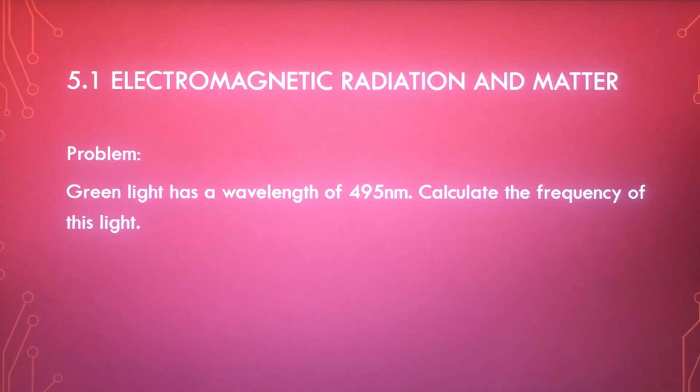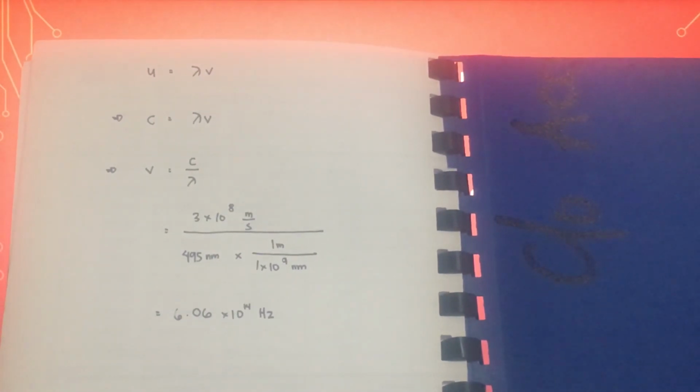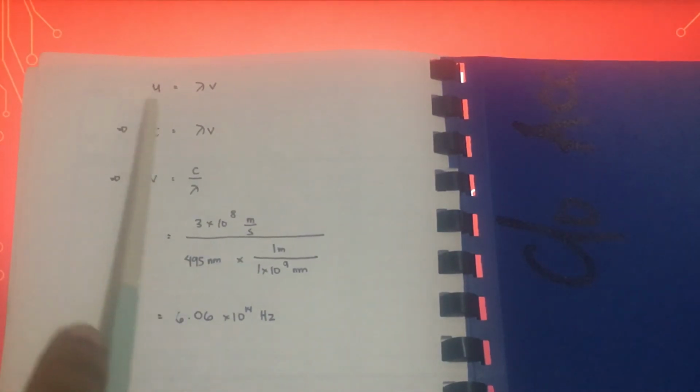Okay, I hope you have done the calculations first before proceeding with this video. This is the solution. We have the speed of light, so c is equal to lambda nu.